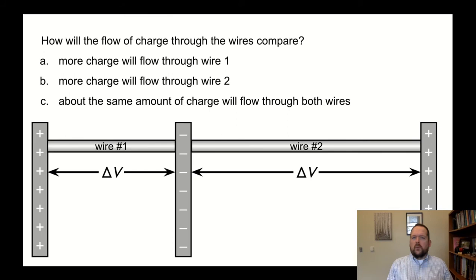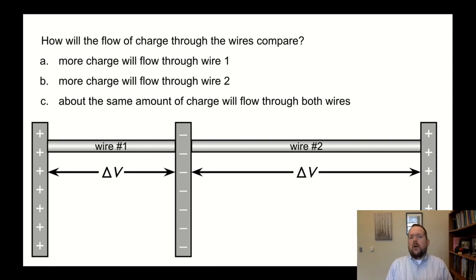Will more charge flow through wire 1, more through wire 2, or the same amount through both wires? Turns out in this case, more is going to go through wire 1 because it's shorter. Even though these are conductive materials, they do have a little bit of resistance to the flow of electricity. And so when the wire is longer, you have more overall resistance.